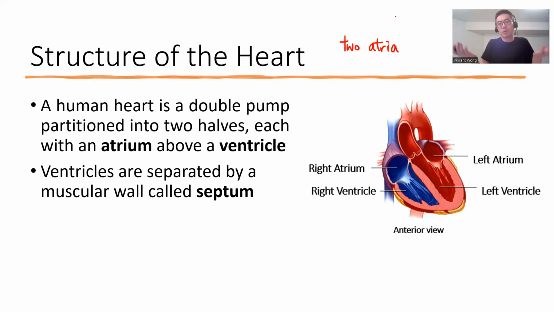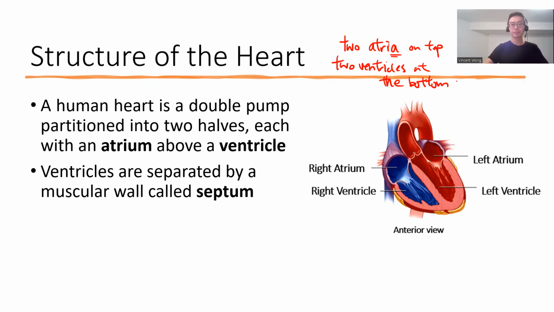Okay, it's weird. Like you don't just add s. Okay, so just in case you read about it and you wonder what atria means, it's just the plural. So 2 atria on top, and then 2 ventricles. Ventricle, you can just add s. 2 ventricles at the bottom. Okay, that's fine. And remember, we're looking at this from the front.